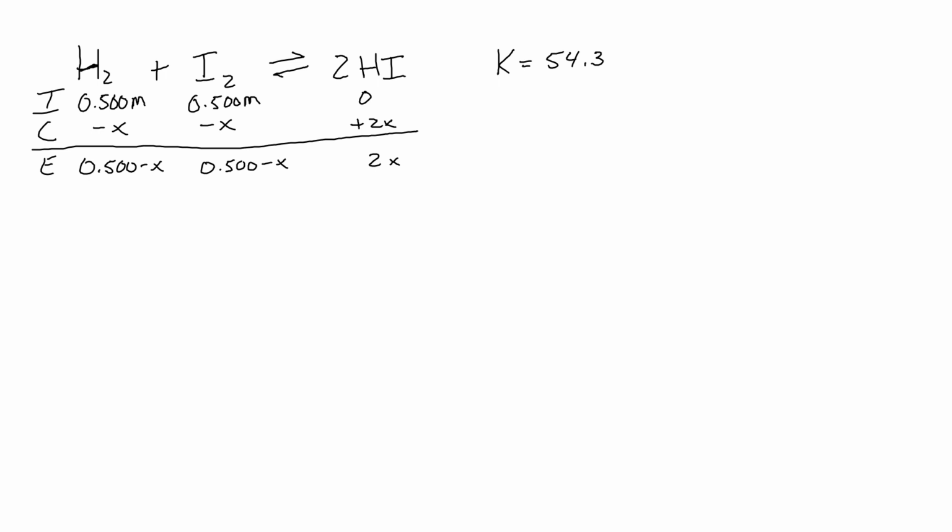So K is equal to 2x squared divided by 0.5 minus x times 0.5 minus x, and that will equal our K value, which was 54.3 in this case.